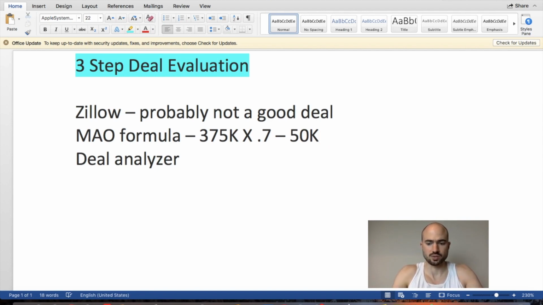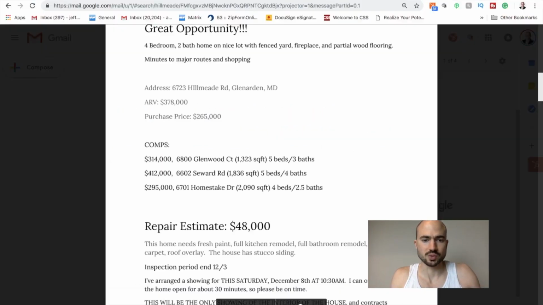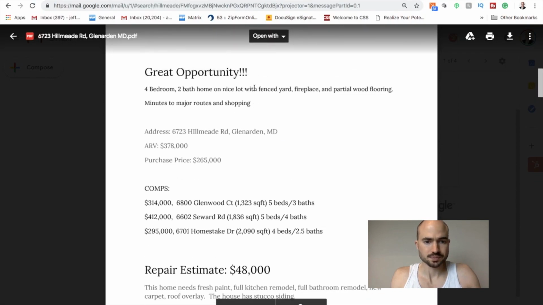That brings you down to $212,500. That would be the most I could offer on this property, assuming that these numbers are correct, and this number might even be high, to be honest. I think their repair estimate is pretty accurate. So 212K. They're asking 265K. So obviously we're quite a ways away.